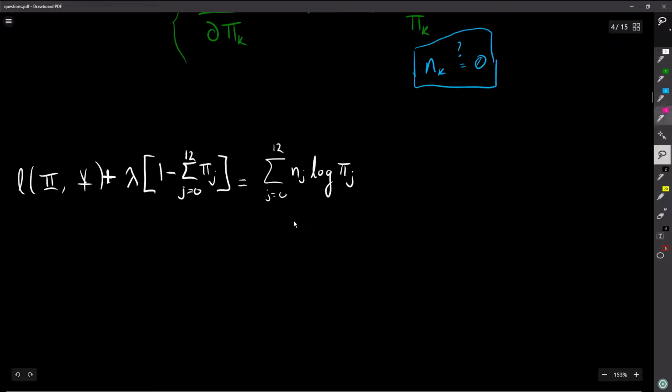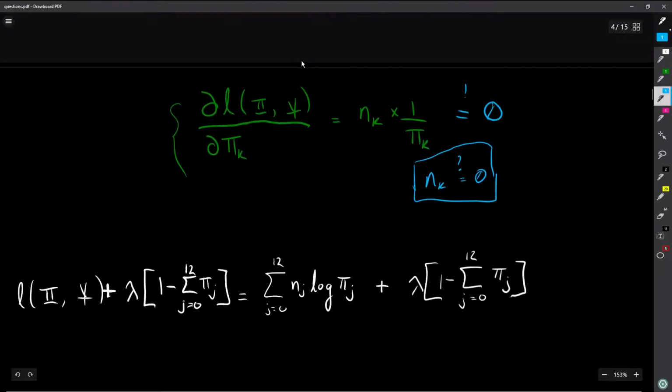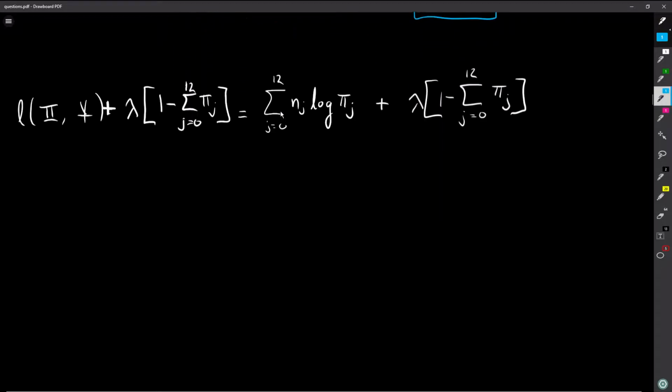And so when we add that on, we'll add it on over here as well. So plus lambda times 1 minus the sum from j equals 0 to 12 of pi j. And what that means is that when we take our derivative, right, so we looked at our derivative up here and we got this nk times 1 over pi k.